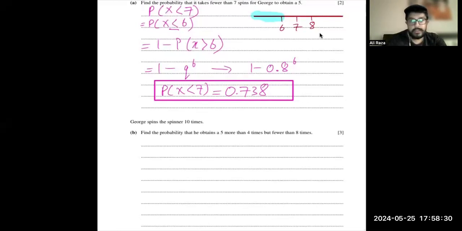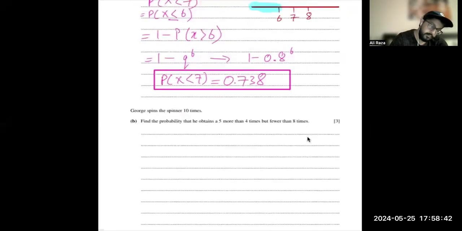In part B, we're given that George spins the spinner 10 times. Find the probability that he obtains a 5 more than 4 times, but fewer than 8 times. So the number of trials are fixed now, which means that the variable is following a binomial distribution. Now we need more than 4 times, but fewer than 8 times.